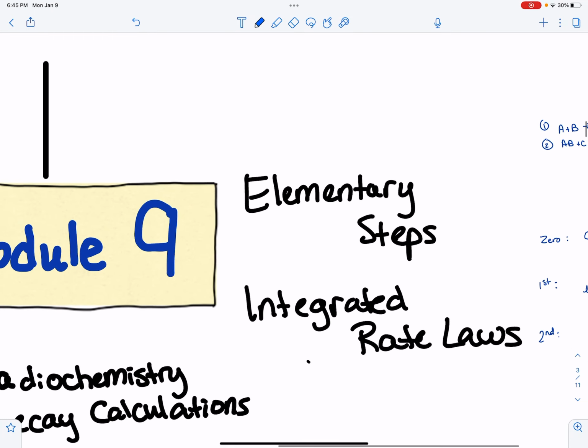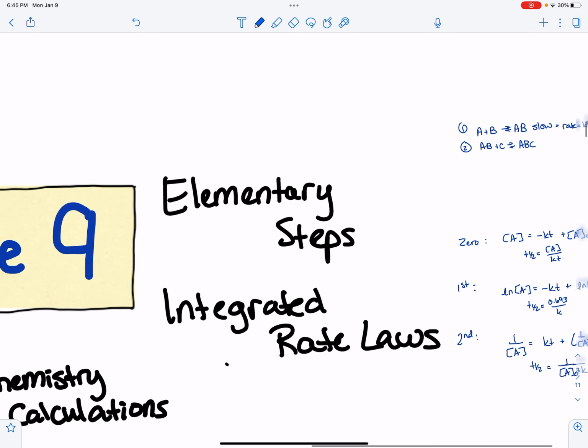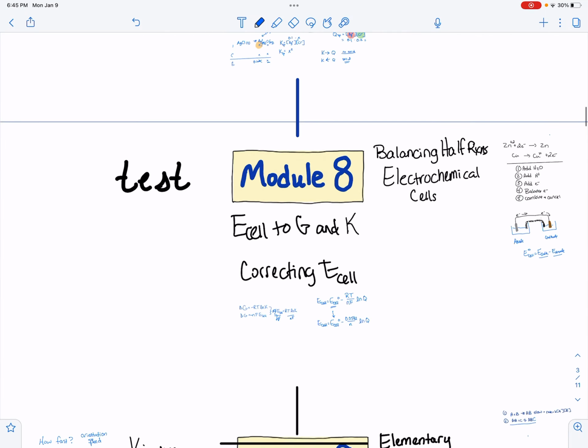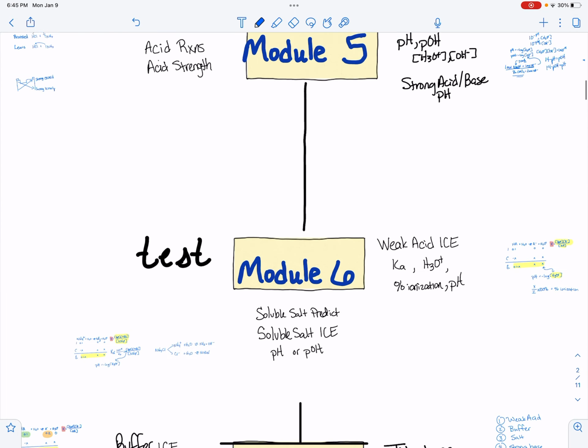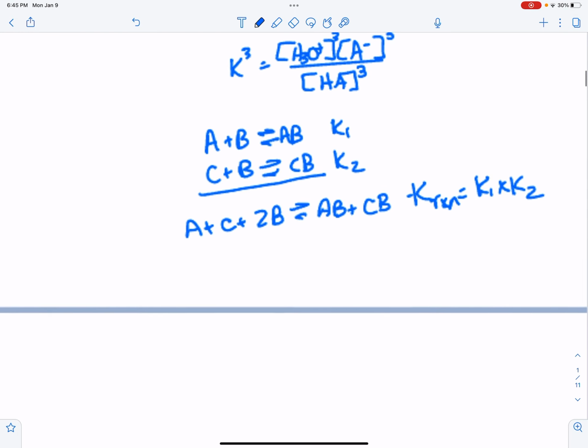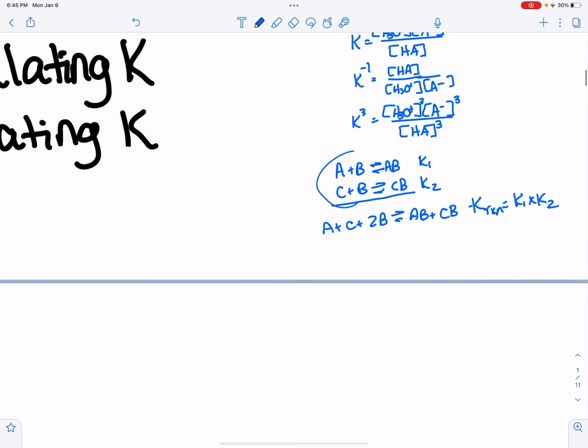And then you're going to go into elementary steps of reaction and integrated rate laws. The elementary steps are where you can solve these problems. You get everything on the left added together, and then you get the right. You cancel out what's the same on both sides. This is kind of like what I was mentioning several weeks ago when you were manipulating K's. So this section right there, this is where you take everything on the left-hand side and add it up, and then you have the right-hand side.